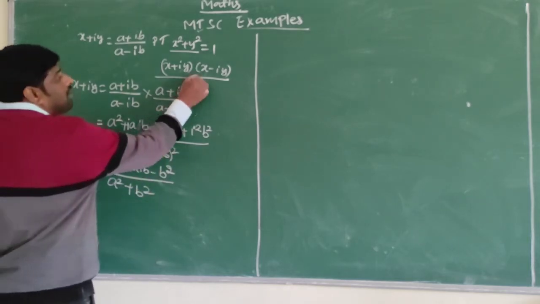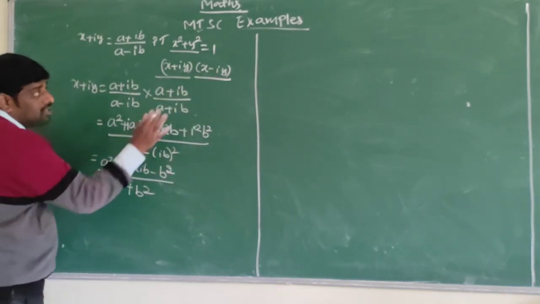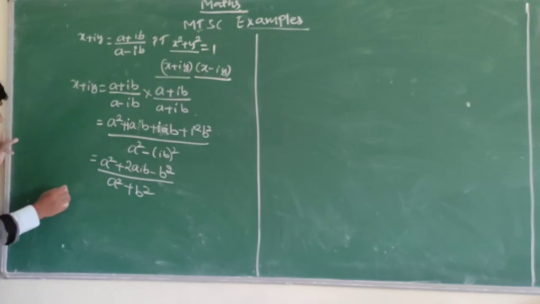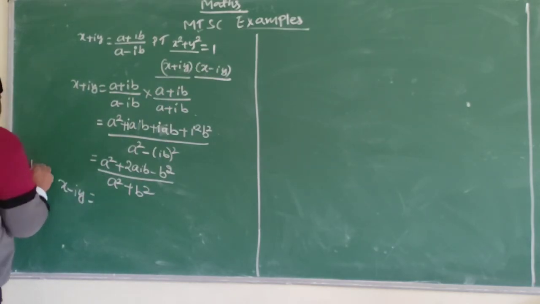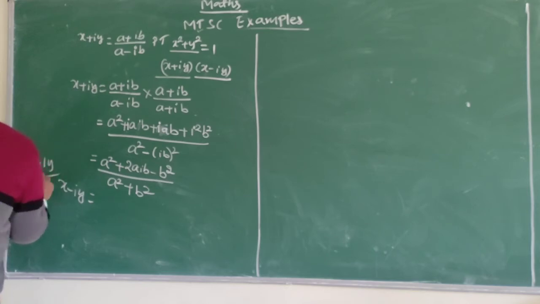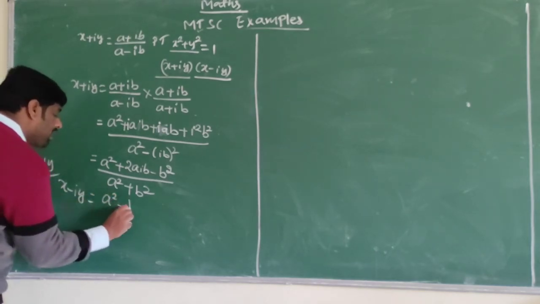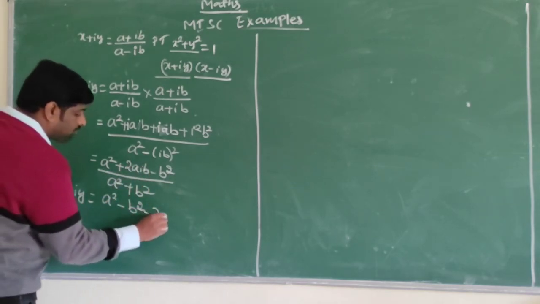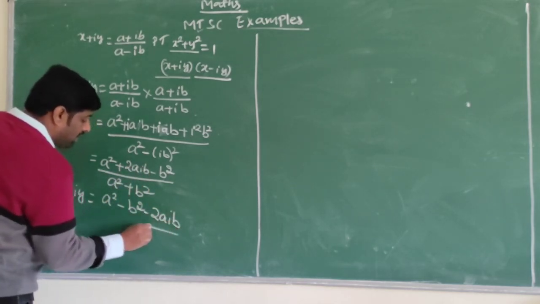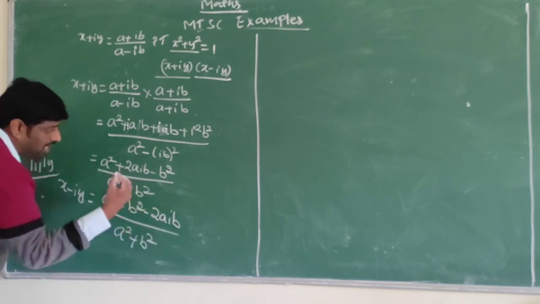Now come to x minus iy. Similarly, x minus iy is a square minus b square minus 2aib divided by a square plus b square.